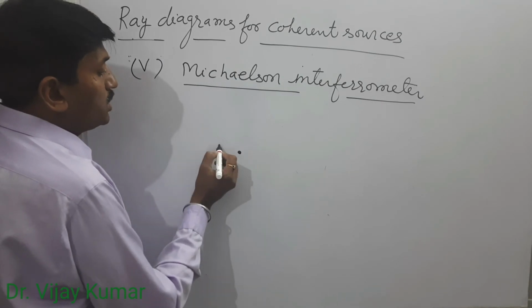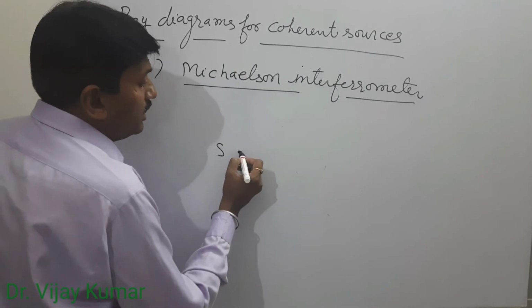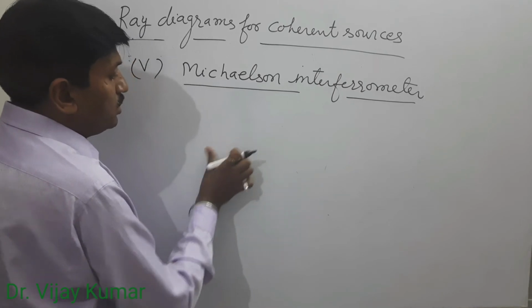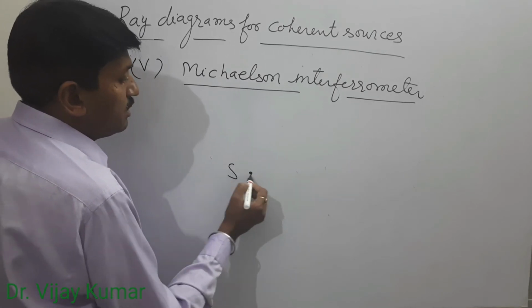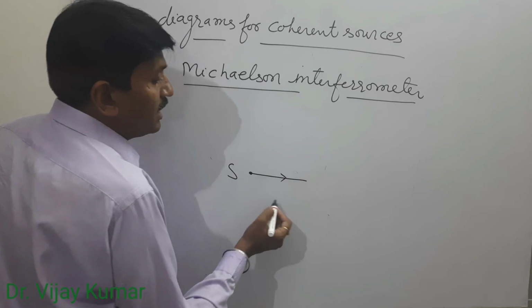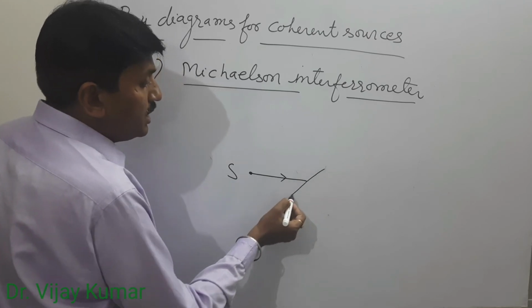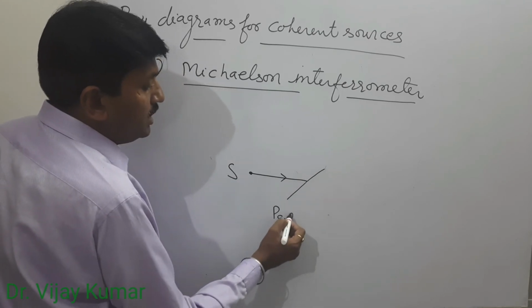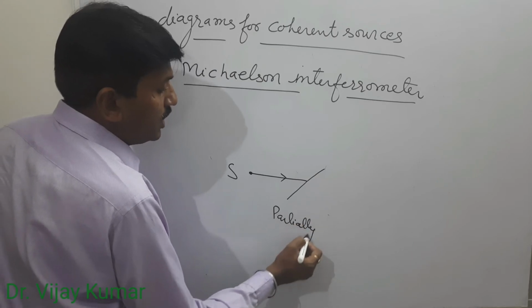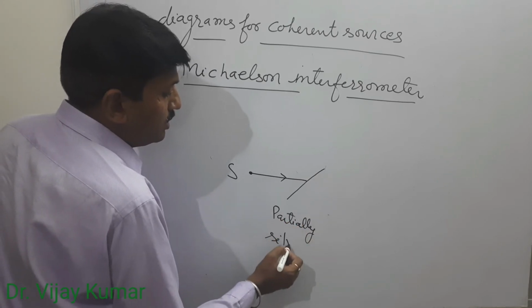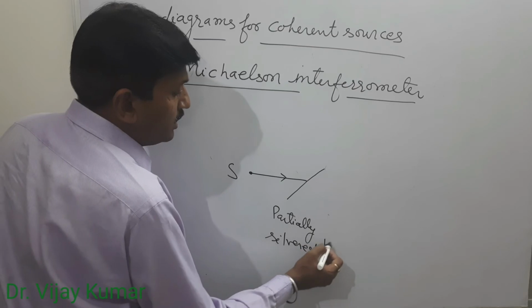Suppose this is a source, a monochromatic source S, and the light ray is incident on a partially silvered plate.